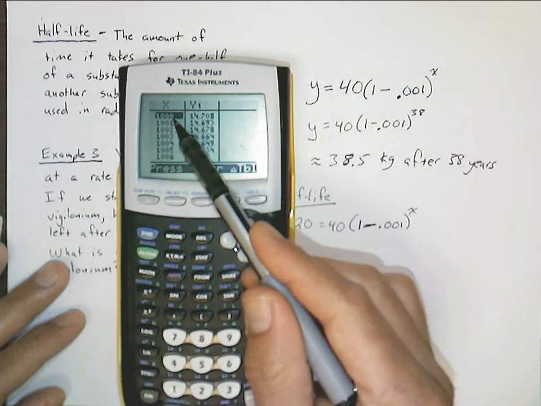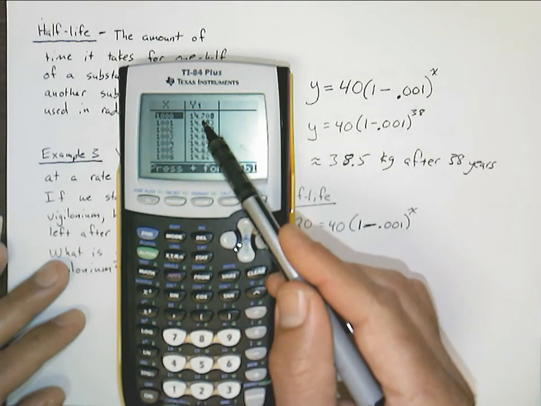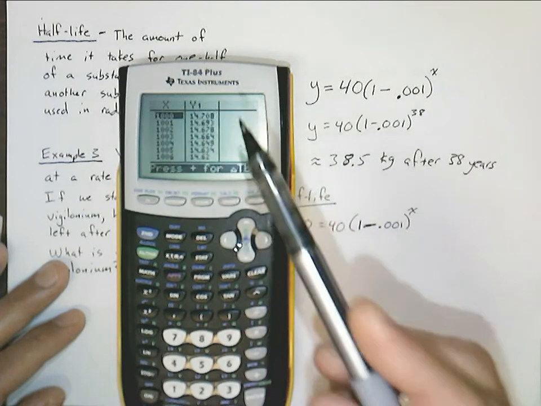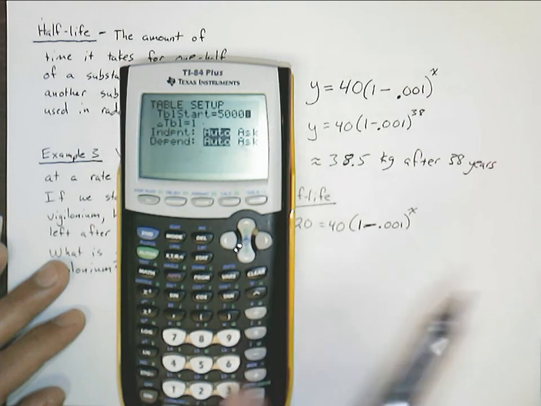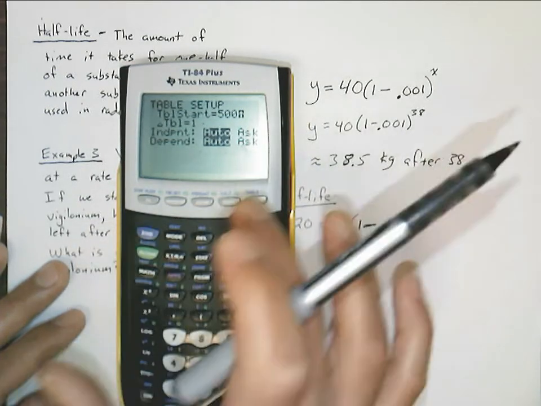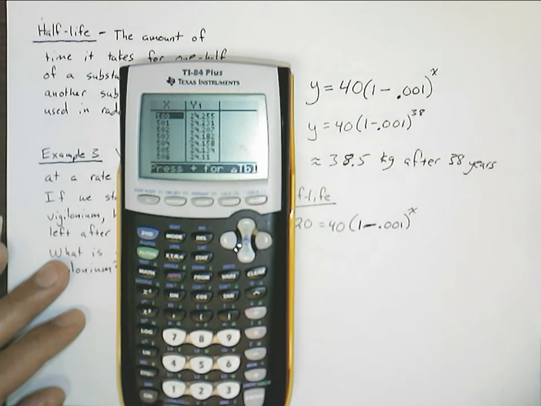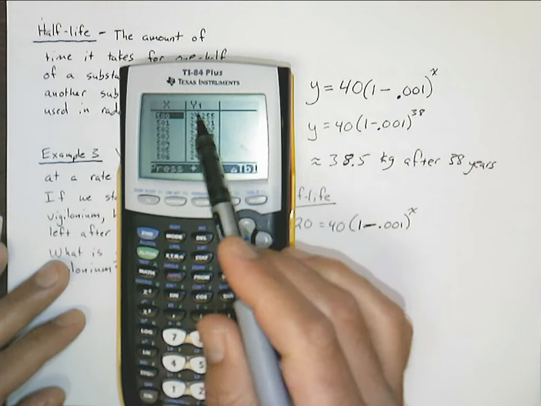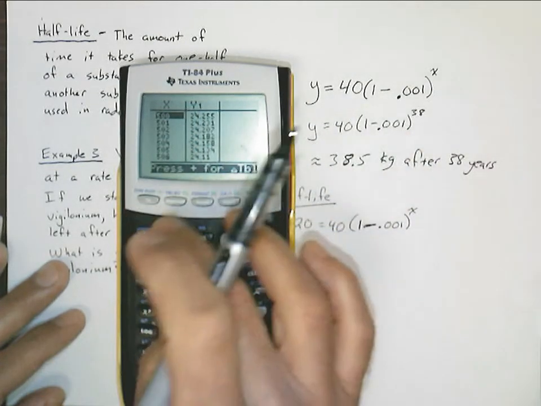Oh, we went a little bit too far. After 1,000 years, we're down to a little over 14 kilograms. So let's go back and try 500, to split the difference. Okay, that's not too bad, but we're still at 25, so we're not there. Let's try 700.